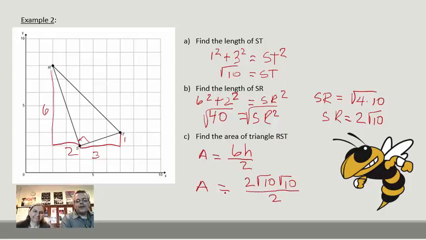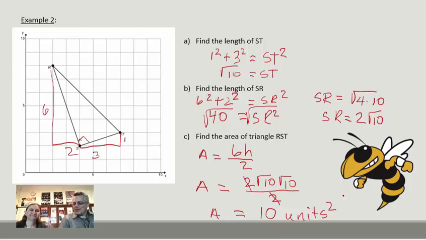That looks pretty bad, but the square root of 10 times the square root of 10 is 10. Then I can simplify, since it's all multiplication, so 2 over 2 is 1. We end up with this beautiful number, 10 units squared.